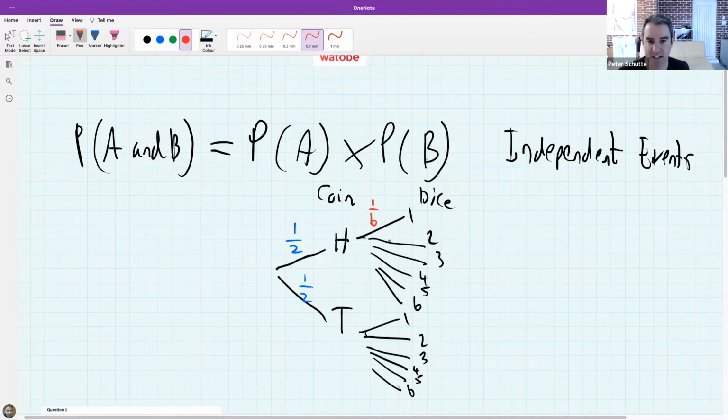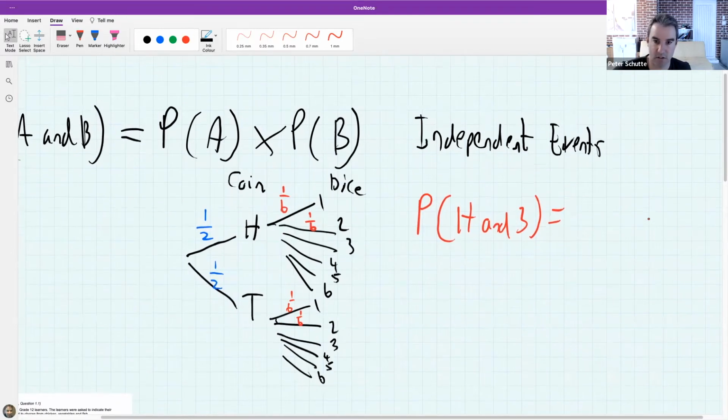What is the probability of getting a 2 on a dice? It's also 1 out of 6. You can keep going with this idea, so each of these branches is going to be 1 out of 6. You can imagine doing that for every branch. So if I ask, what's the probability of getting heads on the first part of the event and throwing a 3 on the dice?